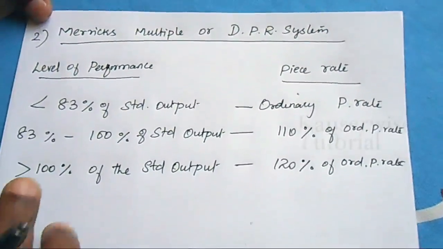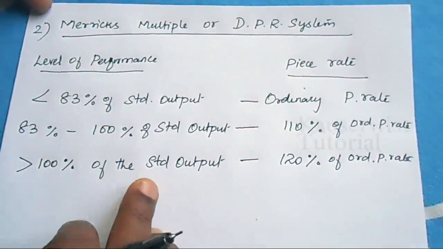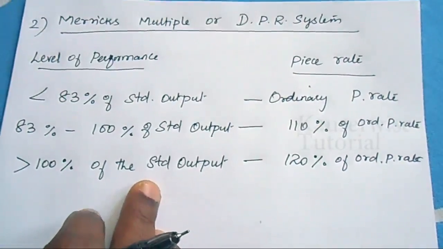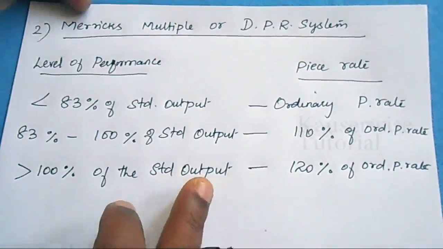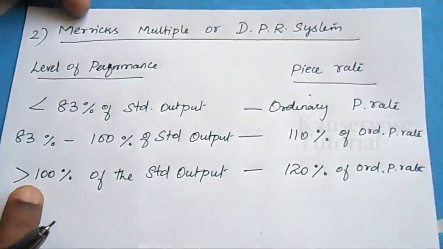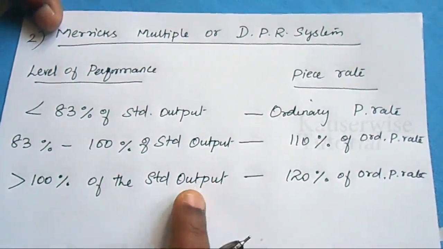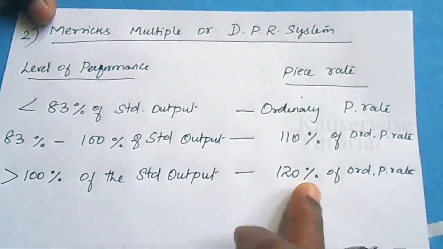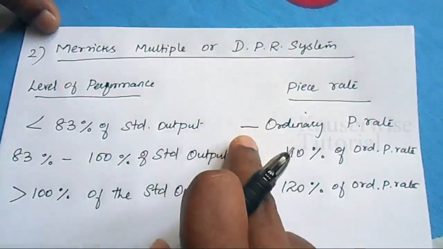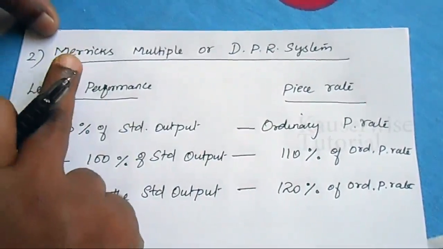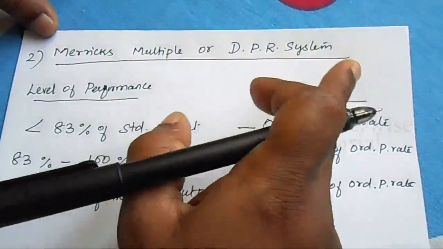And the last category is above 100%. If the employee produced more than the standard output, he is entitled to get 120% of ordinary piece rate. So these are the three categories according to Merrick's multiple differential piece rate system.